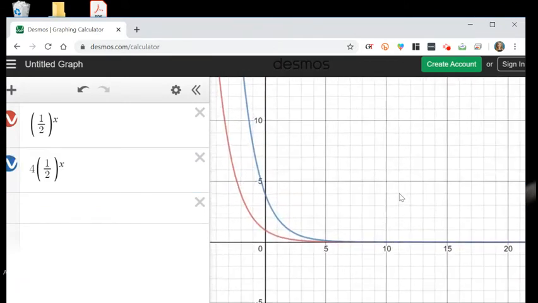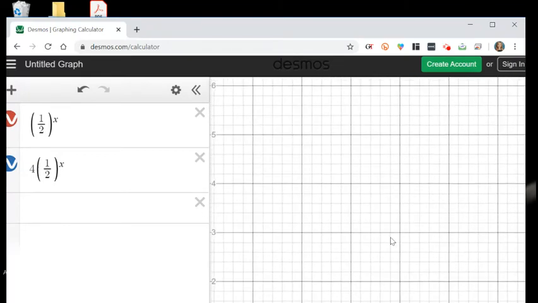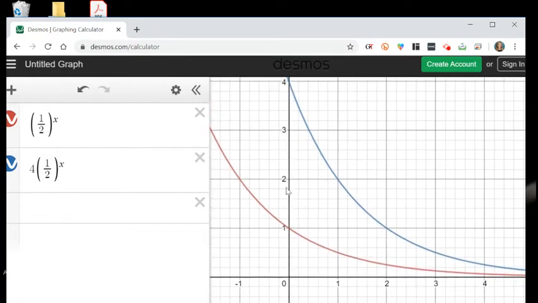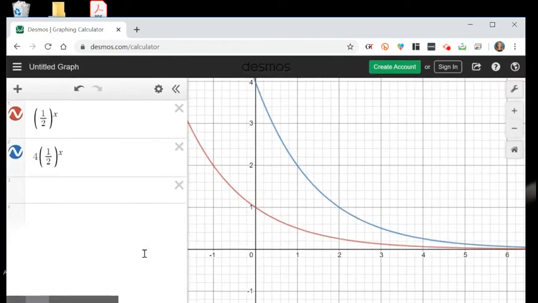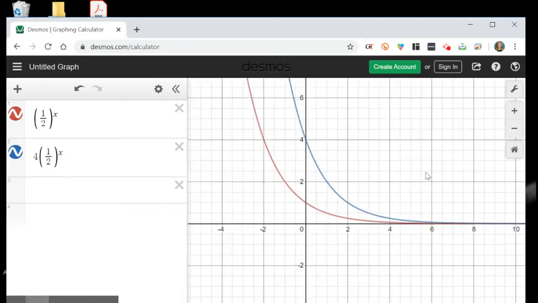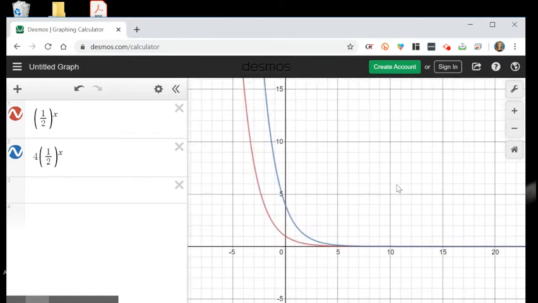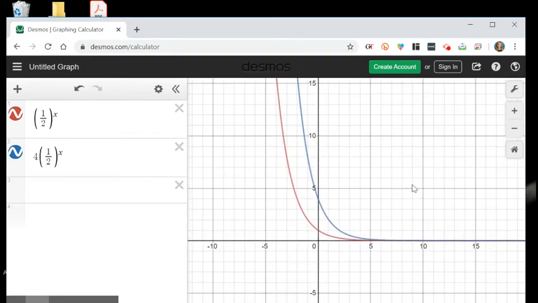All right, so if we take a look at our two graphs, let me scoot over here a little bit. Then zoom out. If you're really close, you might not notice the difference. And on the packets that we did last week, it was harder to tell how similar our curves were.